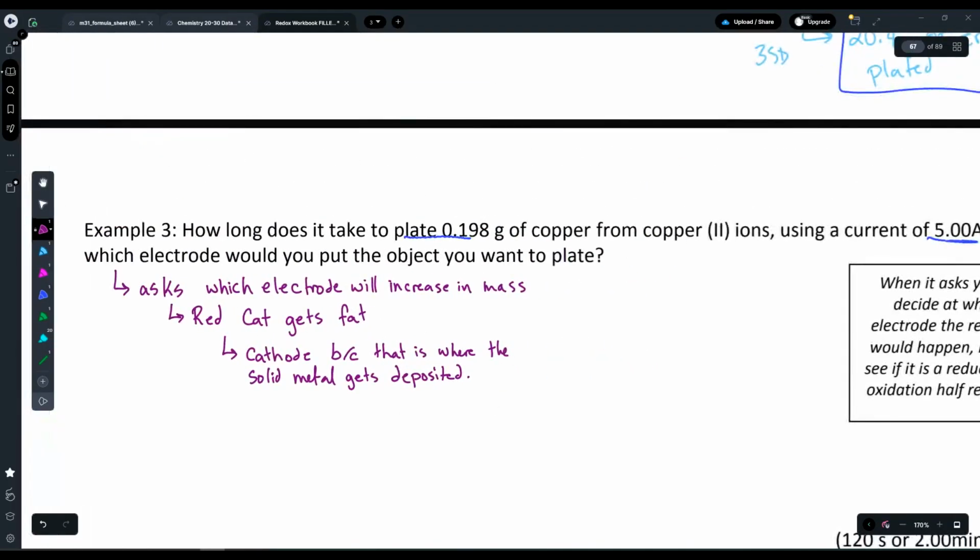All right. So let's get to the other question. How long? So we're looking for time here. Now the question doesn't specify what units it wants time to be in. So if the question doesn't specify what units it wants for time, assume seconds. However, if the question says that it wants your units for time to be in hours or minutes, then obviously follow what the question's saying.